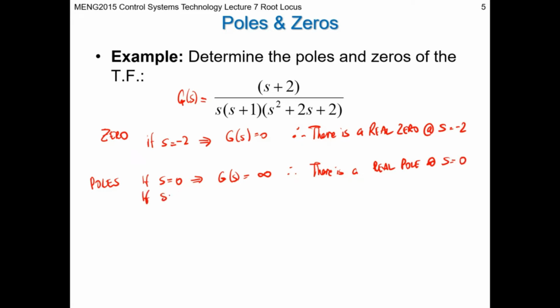We can also say, as Mikhail said, S equals -1, because that would mean that this term here goes to 0, right? So that means that the denominator would be 0 and G of S would be infinite. We could say, therefore, there is a real pole at S equals -1.